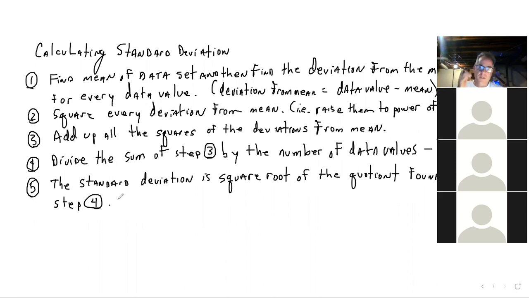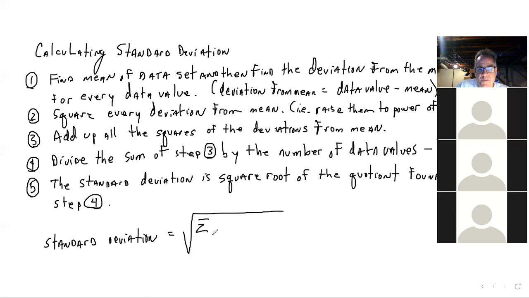Okay. Now, I'm going to write this up as a formula. Standard deviation is, now it's a square root. And remember from Tuesday, sigma means add up everything.